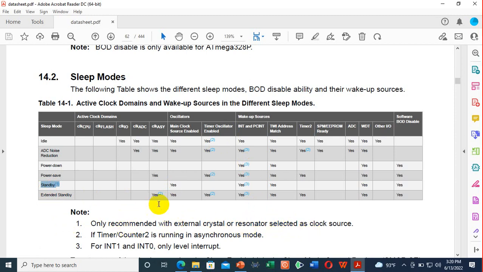If you see the superscript 2, like over here, if timer counter 2 is running in asynchronous mode, then that's recommended. This power saving mode is recommended when the timer or counter is running in asynchronous mode. And if you see a superscript 3 over here, it is the different mode for interrupt 1 and interrupt 0, only level interrupt. During that operation, we can use those sleep modes.